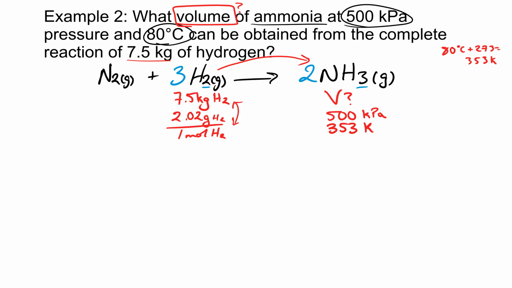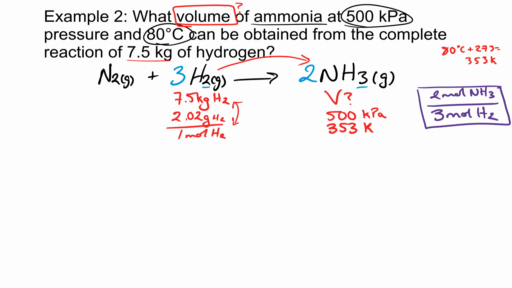Now, how do I convert from moles of one substance to moles of the other? Well, I'm going to have to use the molar ratio of this chemical reaction. The molar ratio, I'm going to put it off to the side here. The molar ratio of this chemical reaction is unknown over given, so 2 moles of ammonia for every 3 moles of hydrogen that react.